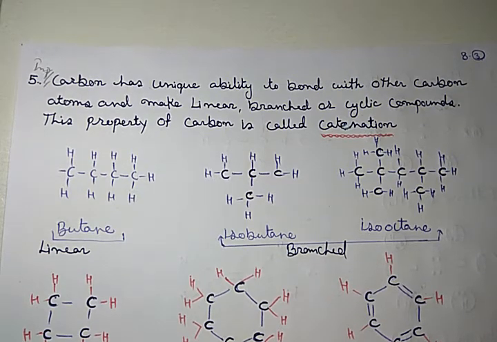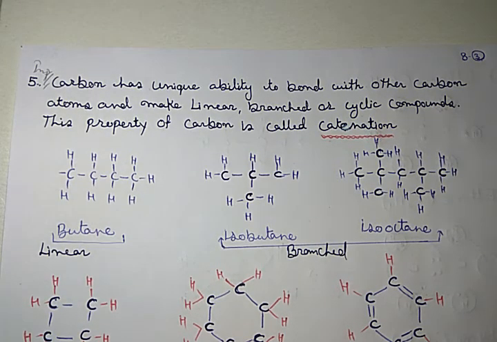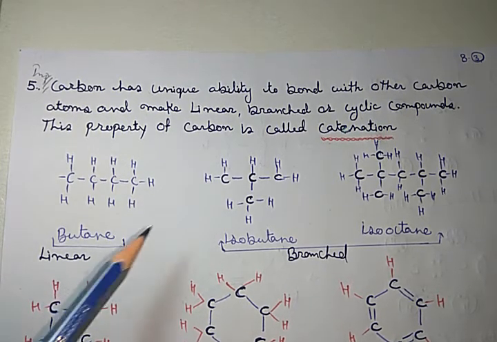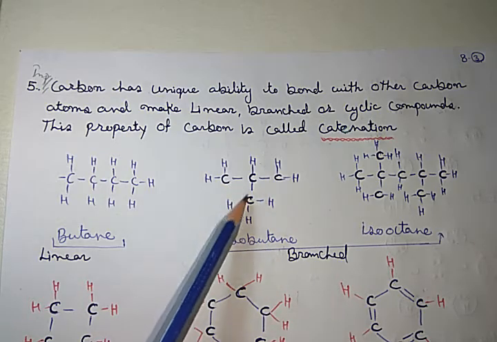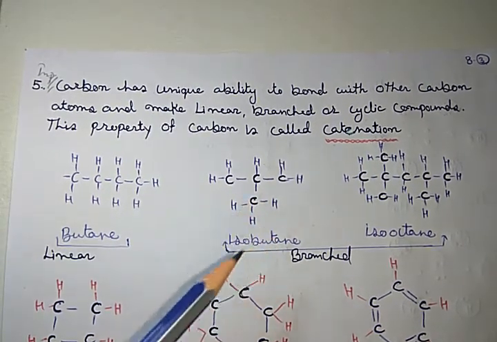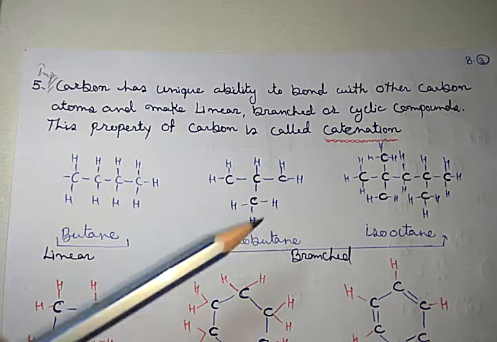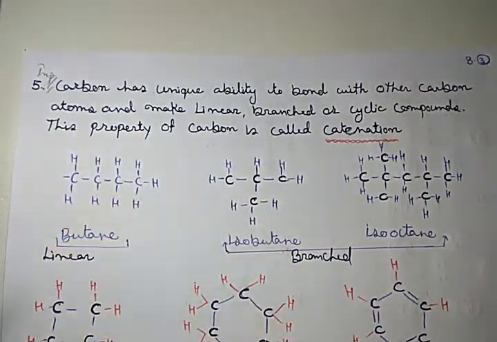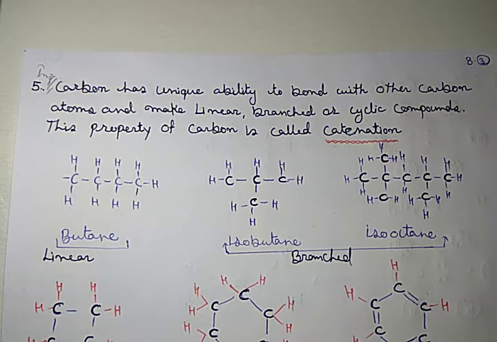Linear, that means carbon atoms are arranged one by one like a line. Second, branched, in which one line has one or more carbon atoms just on the side. And third, cyclic, in which the last carbon is attached with the first one.